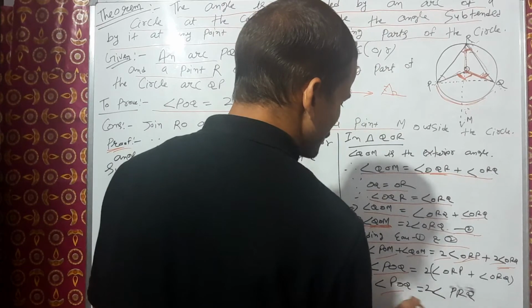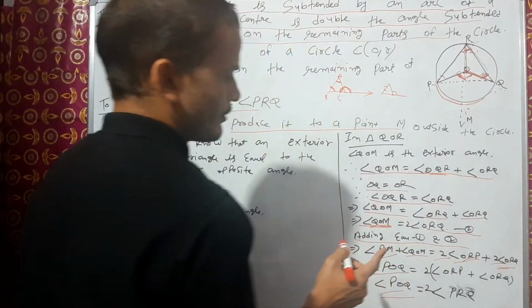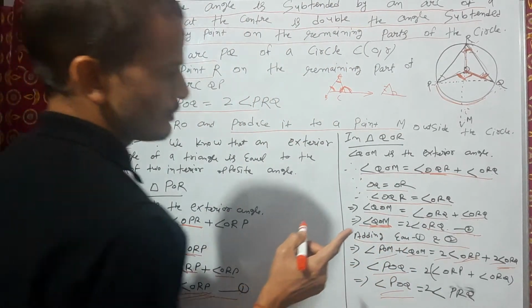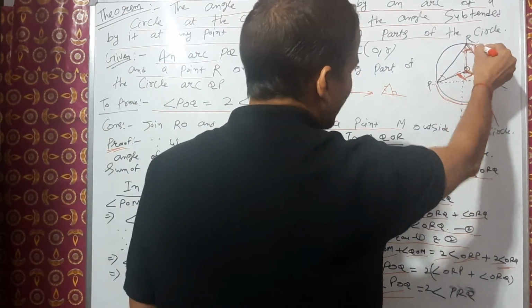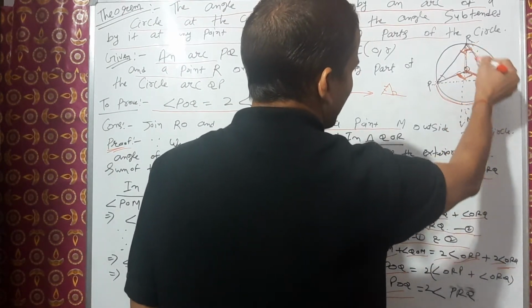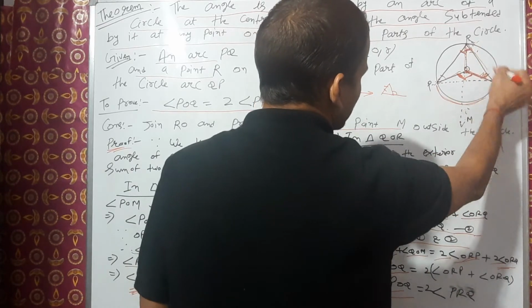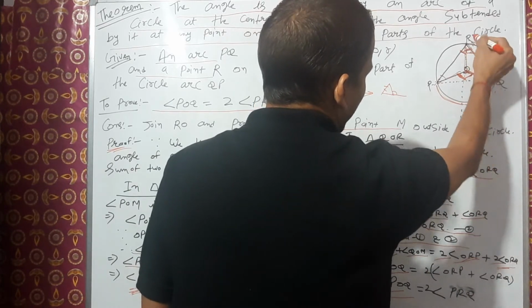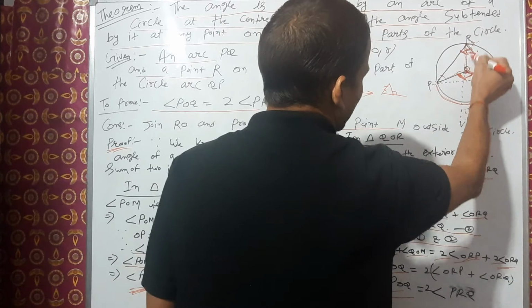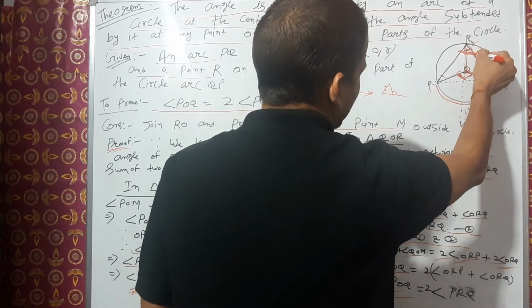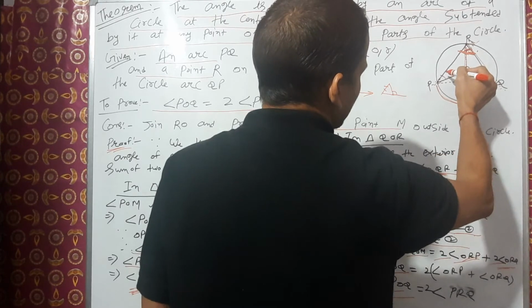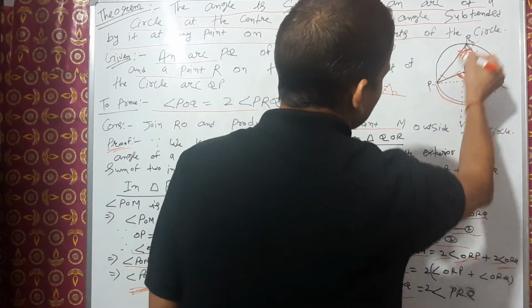Again looking at the figure carefully, ORP, this angle, and ORQ, this angle, sum up with the help of the figure to become PRQ.